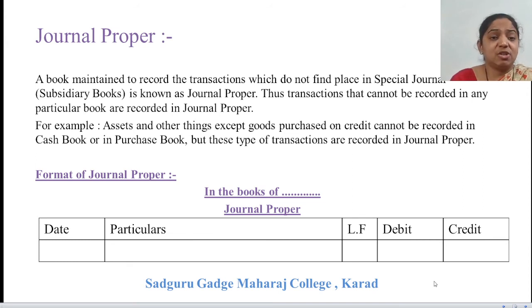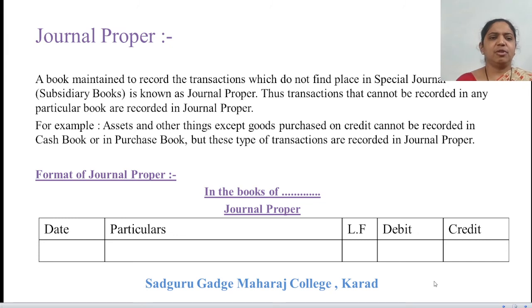That means if it's an asset or other thing, except goods purchased on credit, it cannot be recorded in the cash book or purchase book, but will be recorded in journal proper.